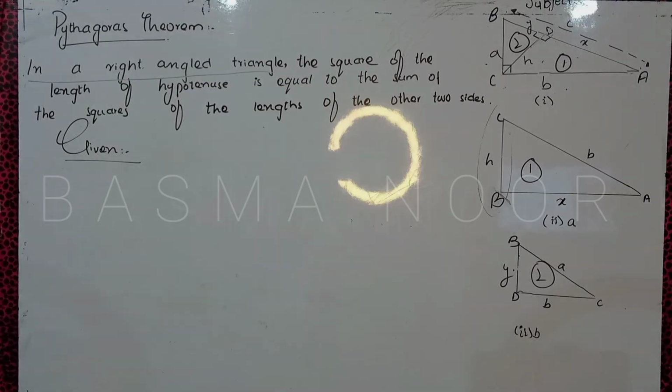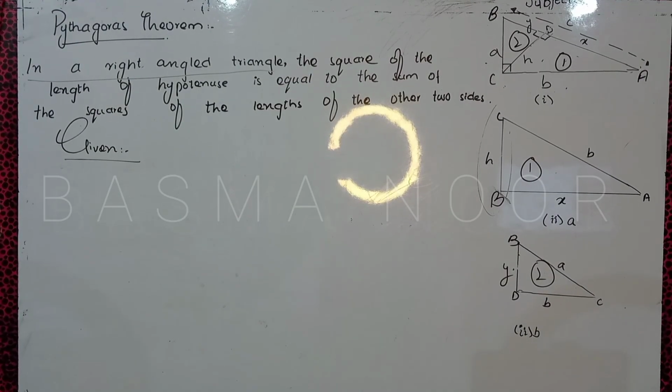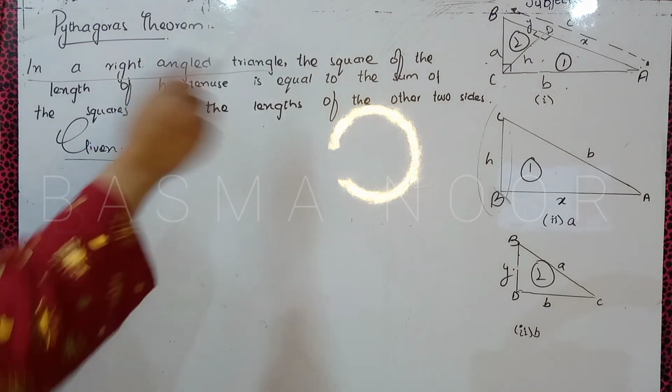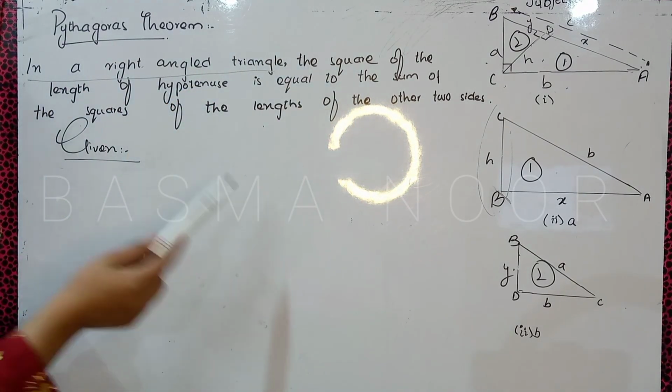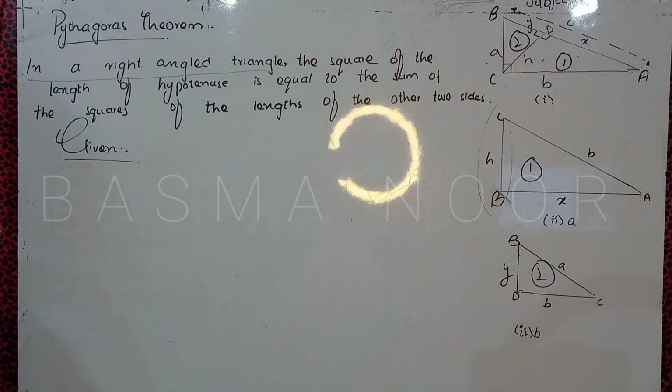So the first line which I have underlined, you can see: in a right angle triangle. So in given, we're gonna write about the right angle triangle according to the statement, because this is the given section and this is the proof section. And then we are gonna do construction.